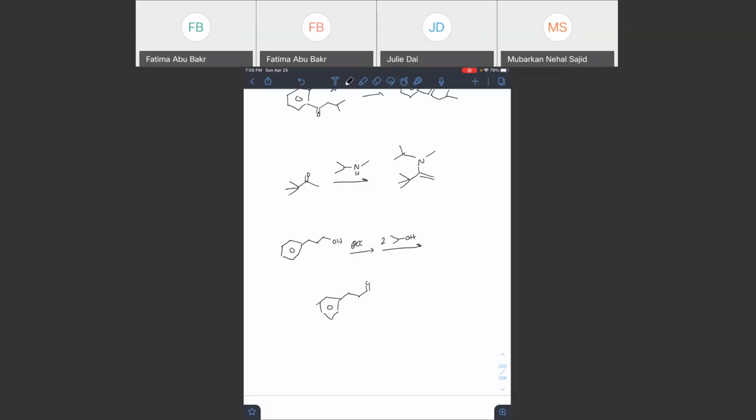So aldehyde goes here. Then you just have to attach your 2 oxygens. So the answer is an acetal.